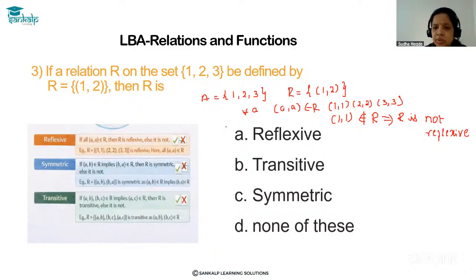Okay, so you can discard the first option, reflexive.